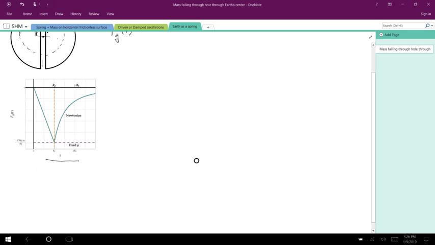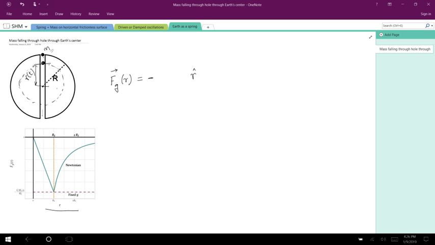In this case, the ball is always moving along the radial direction, so we can use the r hat vector to denote this force. Newton's law of gravitation tells us that this force is equal to G times the mass of whatever is pulling the ball times the mass of the ball divided by its distance from the center of the gravitating object squared.